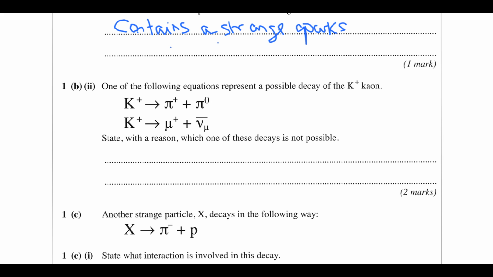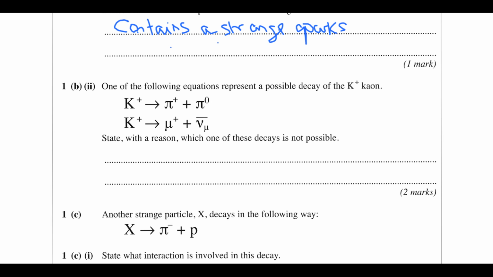If we look at baryon number, there's no baryons anywhere. If we look at lepton number, aha. In terms of lepton number, the top one is 0 to 0. The bottom one, a mu plus, is an antiparticle, so that's -1 and that's -1. So you've got no conservation of the muon lepton number.